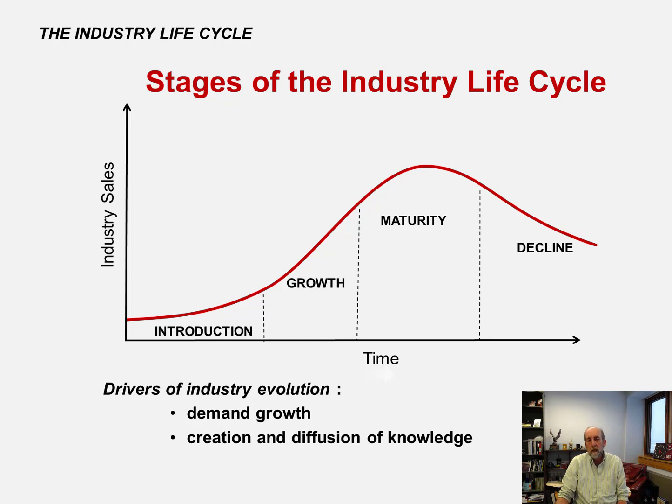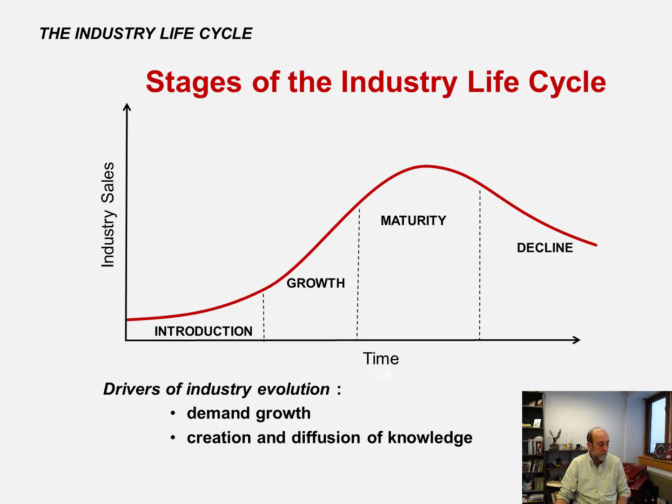So a new industry gets started, often from a new technology or a new business model. You see firms messing around, figuring out what's going to happen with it. Eventually, things move into a growth period. At some point, saturation is reached, and we hit maturity. It lasts a while, and then eventually the industry declines.